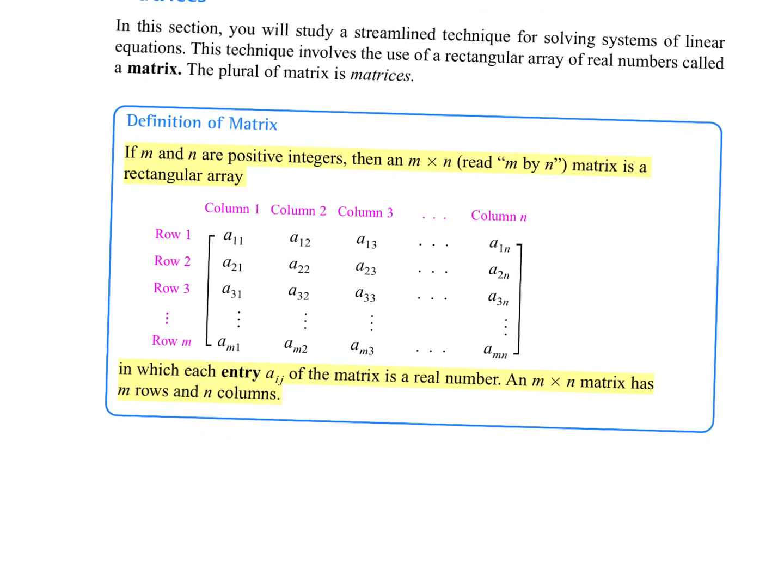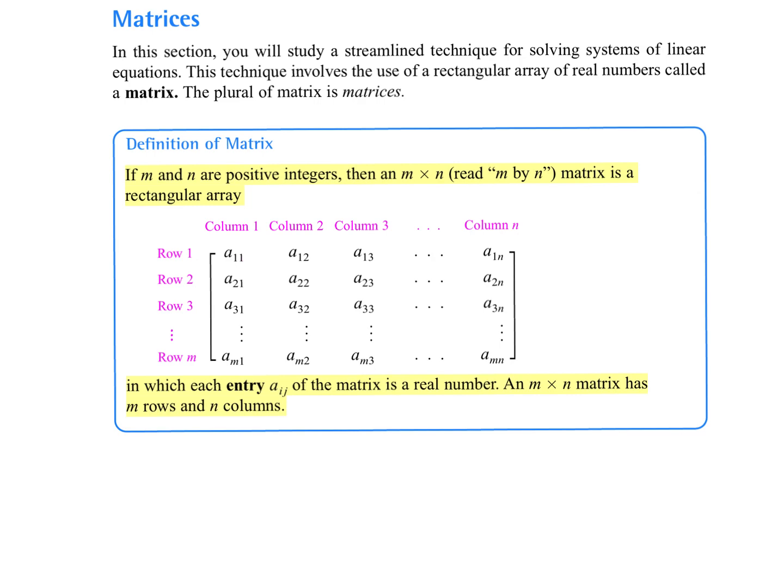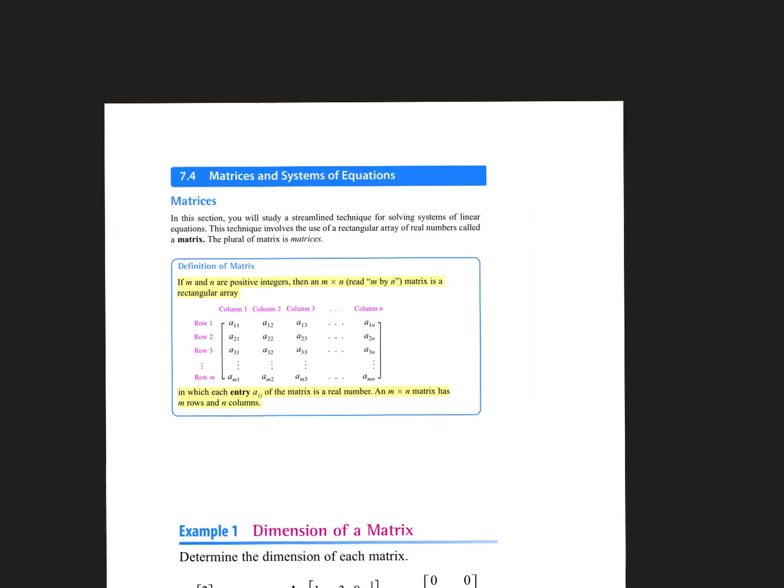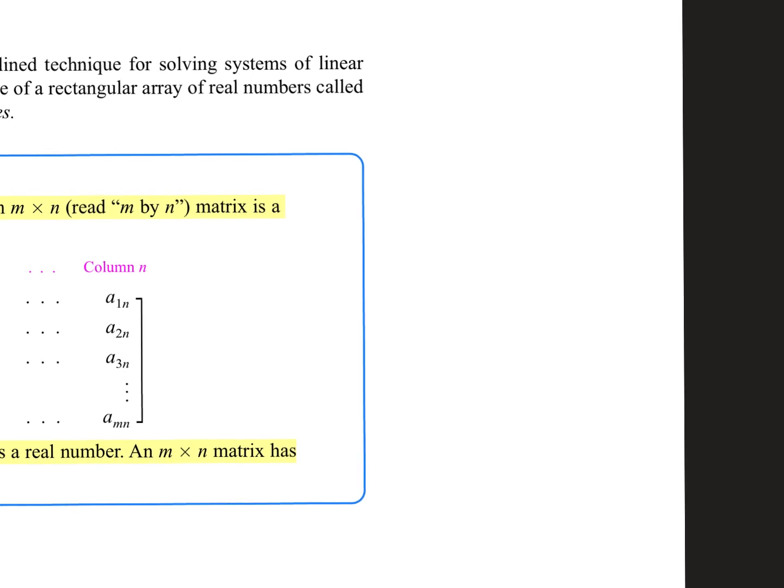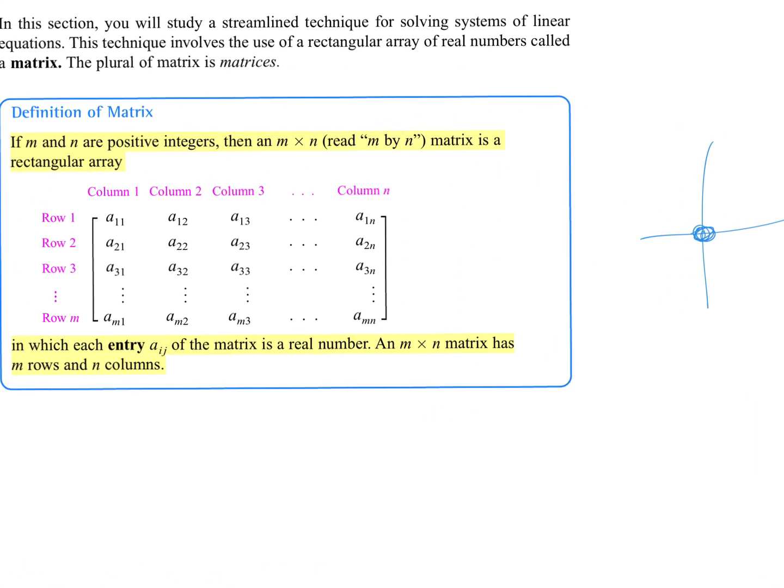The way that you read a matrix: think about an xy coordinate plane. Everything comes back to our xy. If I'm starting at the origin, which way do I move first, left and right or up and down? Left and right, and then up and down. That's the way that you name or read a matrix.